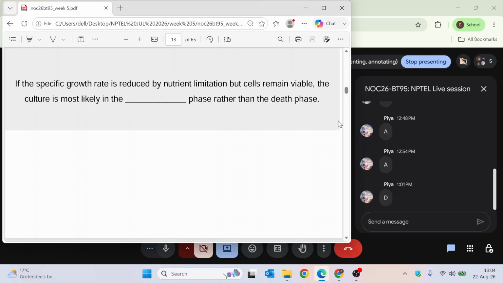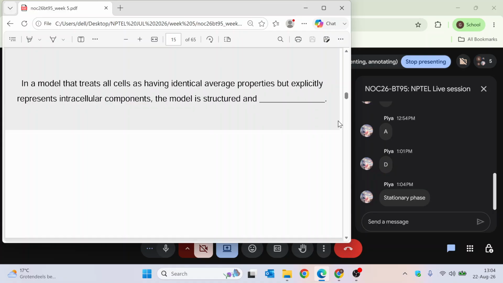Just now we saw the answer. Okay, stationary or a declining phase but not essentially the death phase.